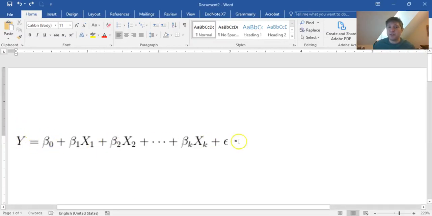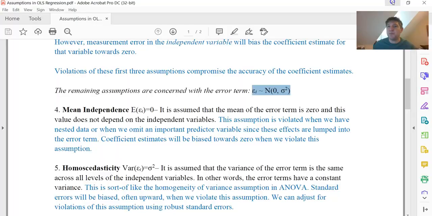What's our model's predicted value if we input each one of our coefficient estimates and the values for each one of our independent variables? The residual is the difference between our actual value for y and the predicted value, and we'll assess whether those residuals seem to meet some of these assumptions.